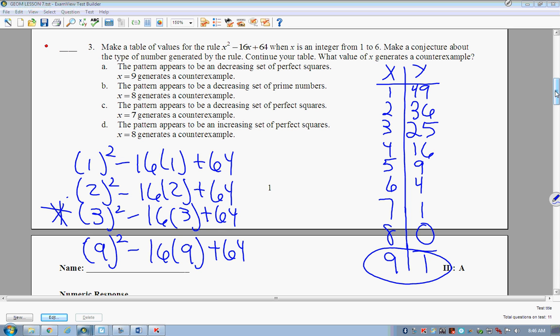By the time I get to 0 and then I do 9, now I'm going back up. So likely if I did 10, I should get 4. 11, 9, 12, 16. See what I'm saying? It'll go back around. Does that make sense? Okay. So A is our answer.